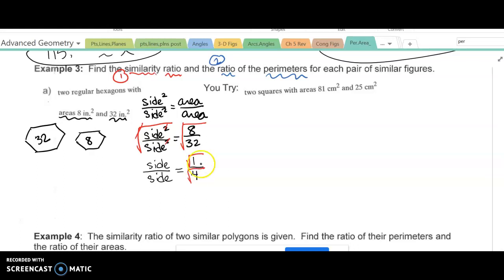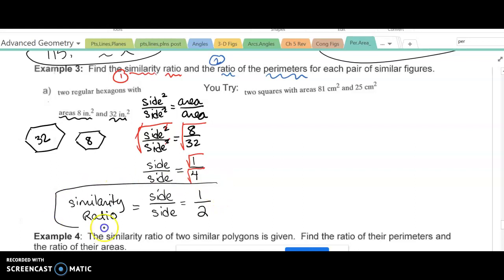And so the square root of 1, what number times itself is 1? Well, that would be 1. And what number times itself is 4? What's the square root of 4? That would be 2. So the similarity ratio, the side to side ratio, is 1 to 2. That's our first answer.